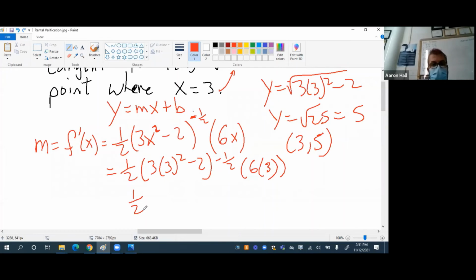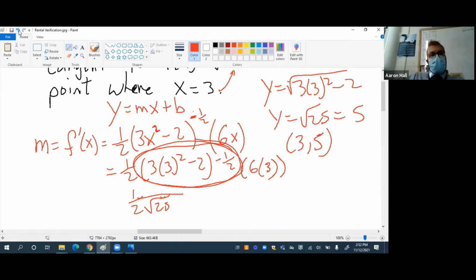We figured that out already, that's 25. But because it's a negative exponent, isn't this 1 over the square root of 25? Does that look right to you? Please stop me if it doesn't make sense.